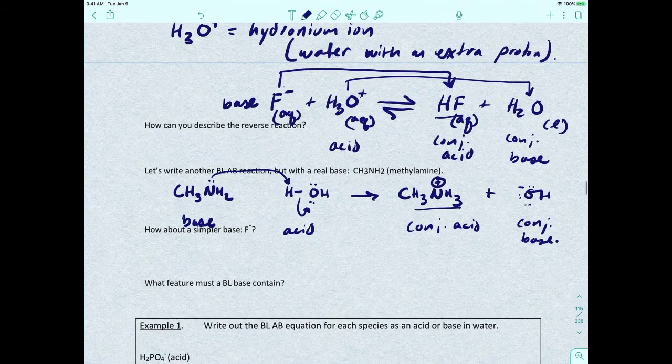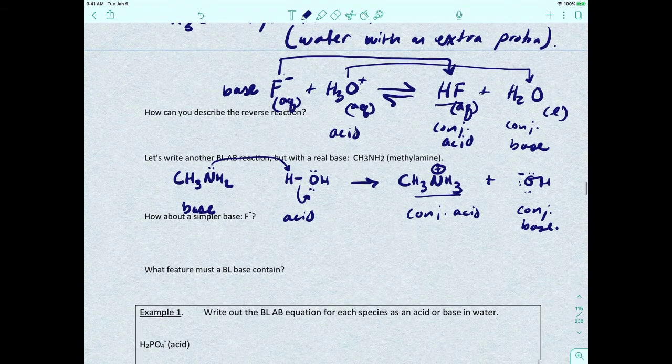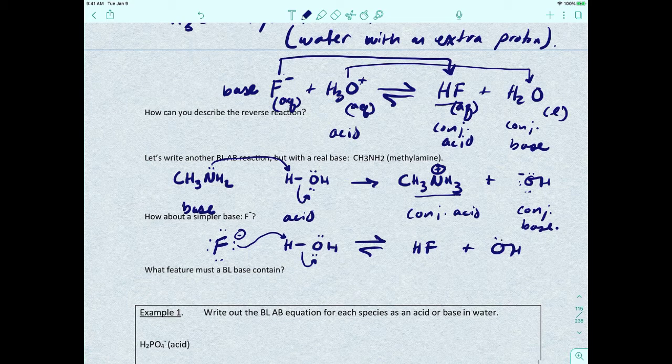Okay. All right. What if we used a different base? Let's try another base. Let's use fluoride ion. So you have fluoride ion, you've got water. In this case, one of the pairs of electrons in the fluoride is going to pick up one of the hydrogens. And so you get HF plus OH minus.